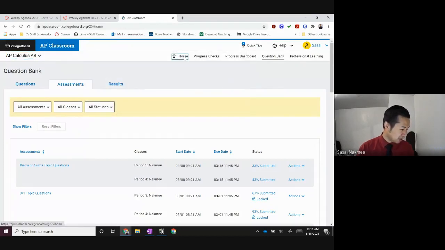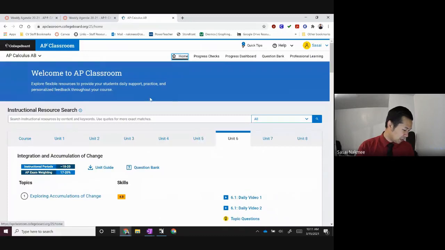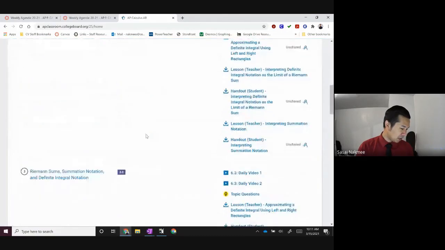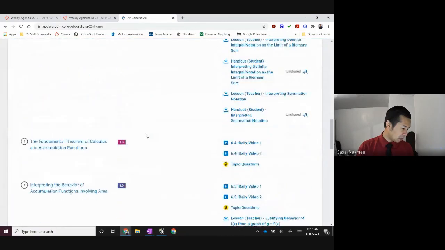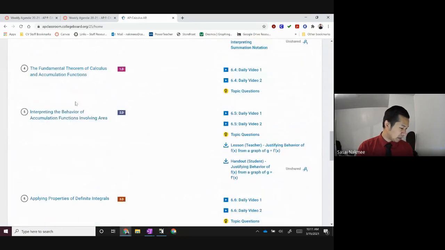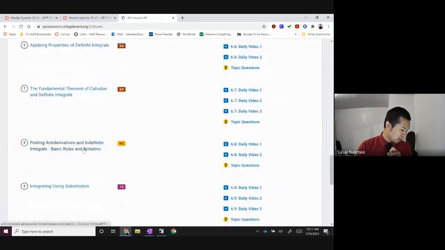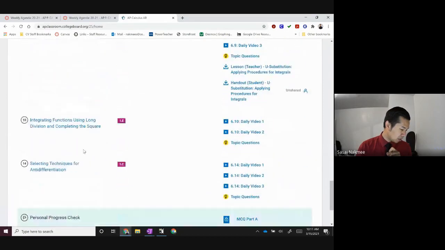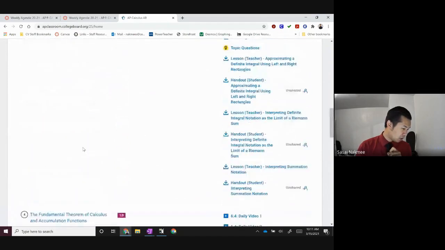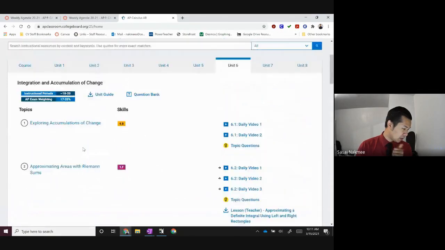Let's go ahead and take a look here. We are in chapter 6 for the college stuff, but chapter 5 for me. Let's see here. The fundamental theorem of calculus, interpreting behavior, applying properties, fundamental theorem of calculus, using substitutions. No, we don't want to go that far.